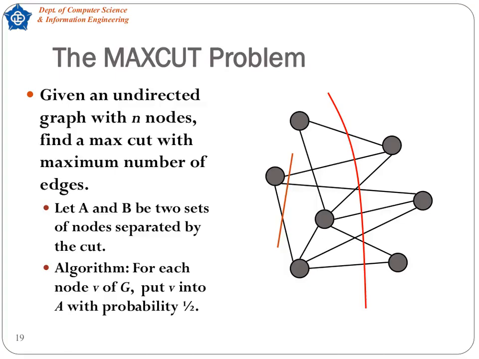And remember, the MAXCUT problem aims to maximize these crucial crossing edges. So, how might we go about finding such a maximum cut? One surprisingly simple yet effective approach involves a randomized algorithm. For every single node in the graph, we randomly assign it to set A with a probability of 1/2.